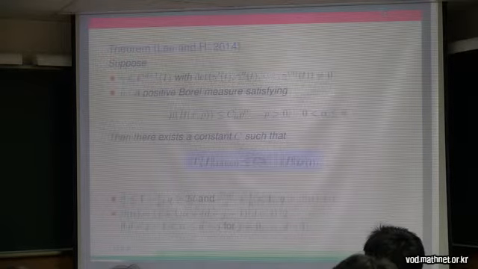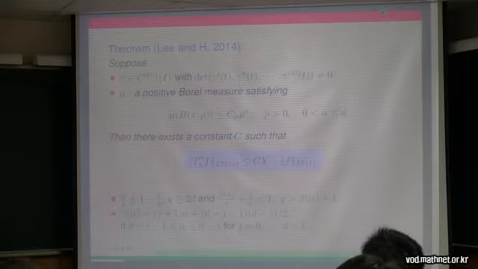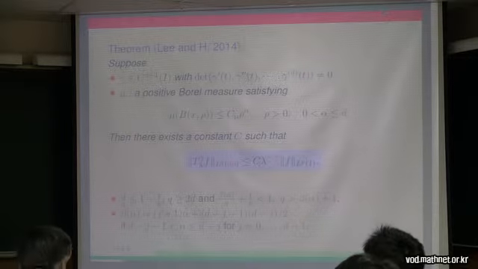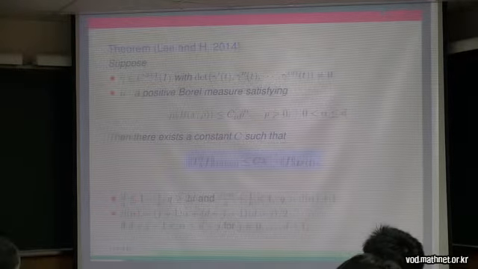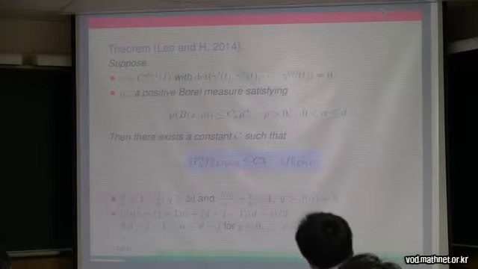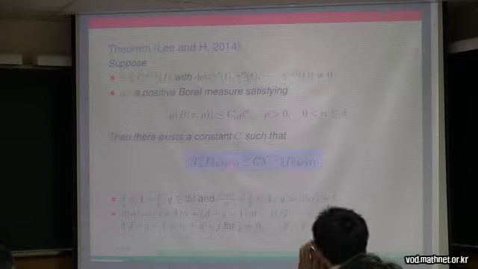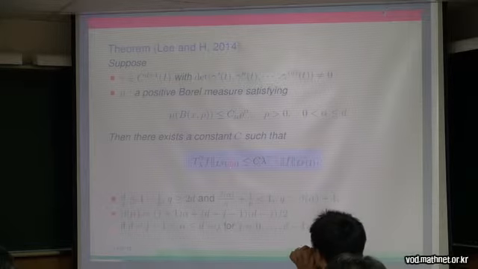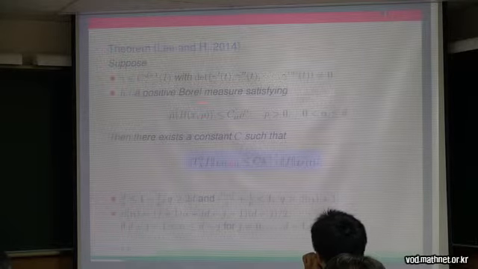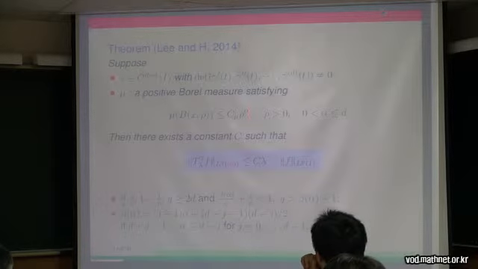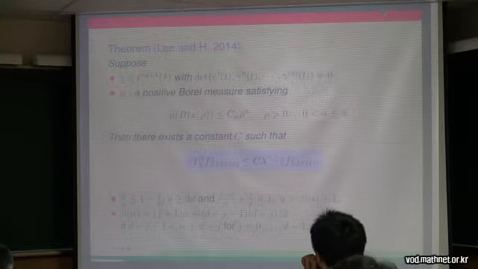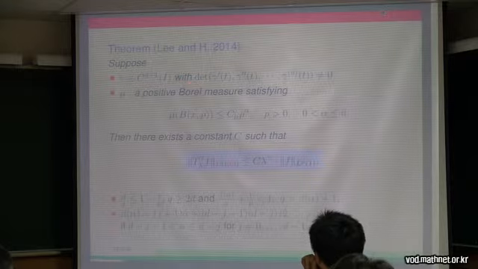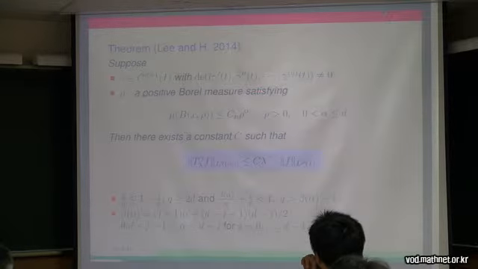So here is a more general estimate. Look at this estimate: we replace the Lebesgue measure by a general measure mu, where mu is just a positive Borel measure of dimension alpha, and gamma is just a non-degenerate curve.